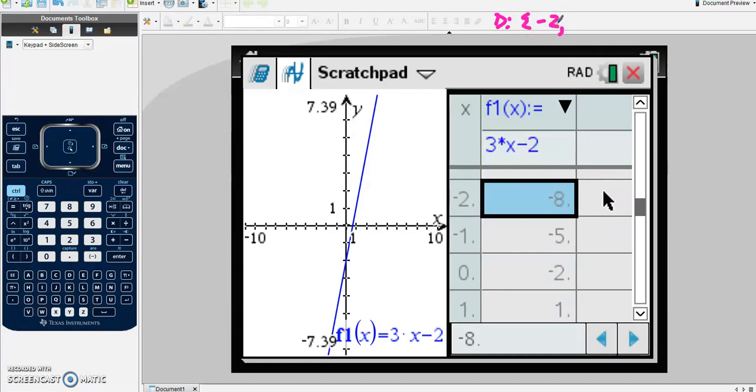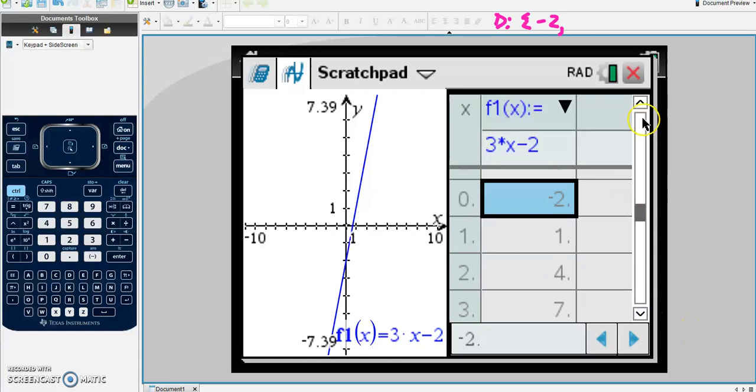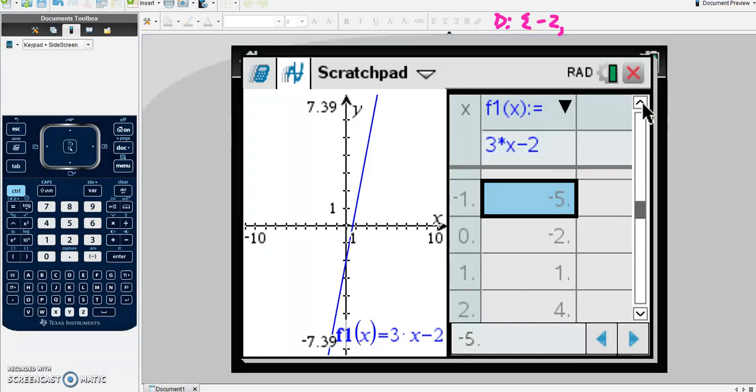My next range value was -5, so if I arrow down, right here's -5, so that means I have -1 would be my domain.